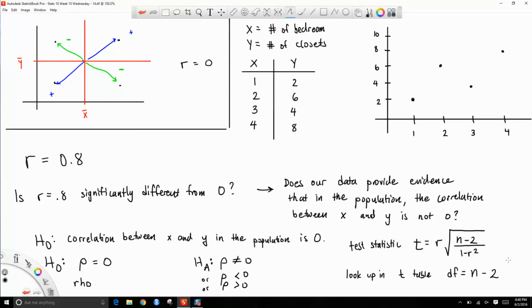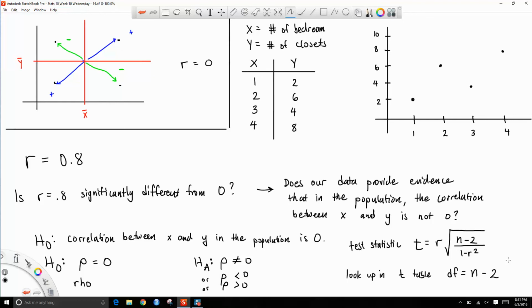The reason we have n minus 2 degrees of freedom is that a line is defined by 2 points. If you just had 2 points in your data set, they will always be in a perfectly straight line.